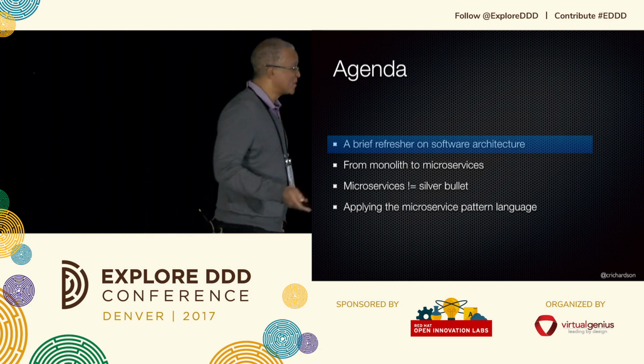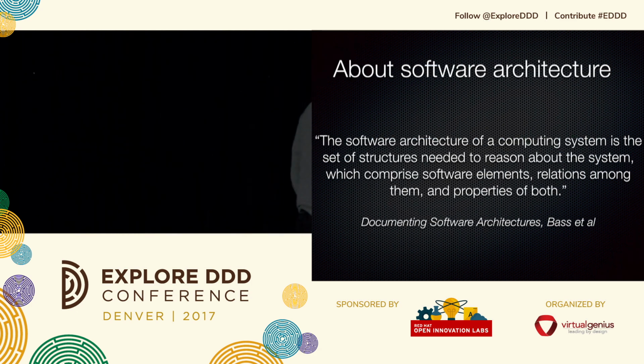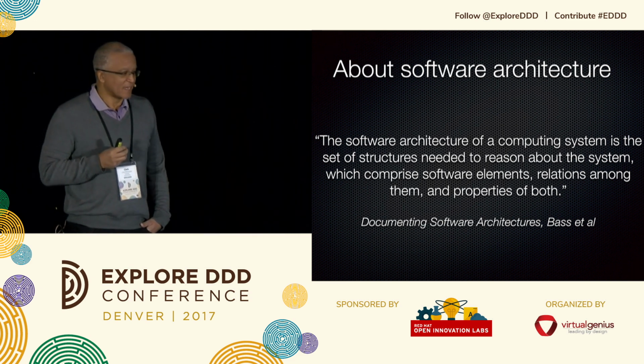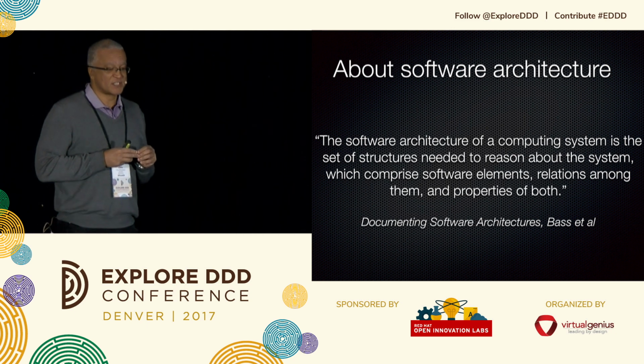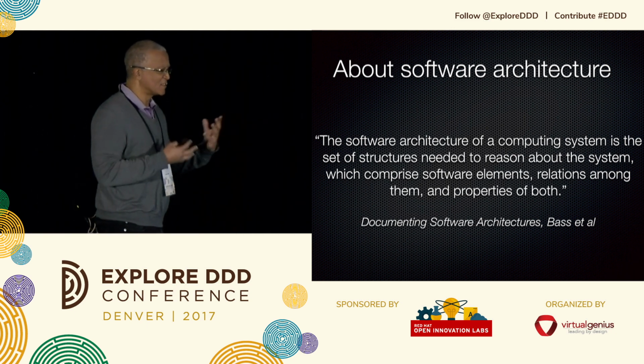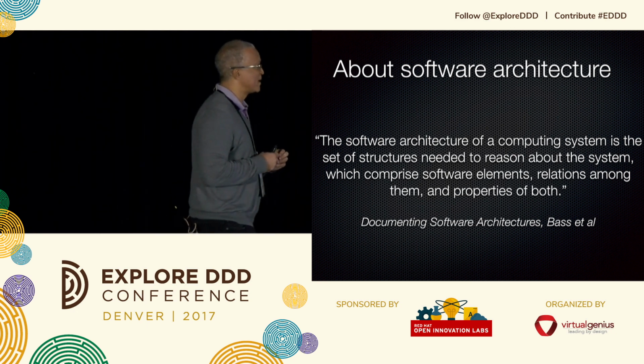Okay, so let's talk about architecture. What is it? Because I know everyone likes to be called an architect, because it sounds cool. But what do we mean by architecture? This is a classic definition of the term. It's a set of structures that you need in order to reason about a system.